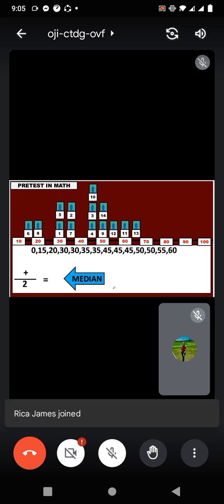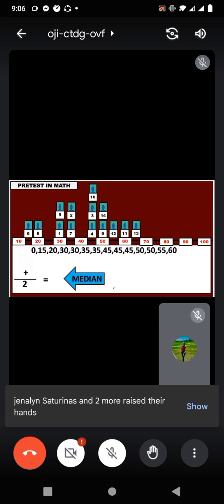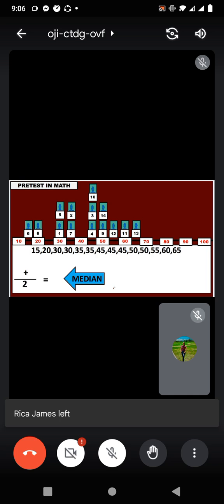Okay, let's have Rika James Bantilan. What have you observed from this part to this part? Okay, let's have Norol Hakim Pandapatan. From this part to this part.